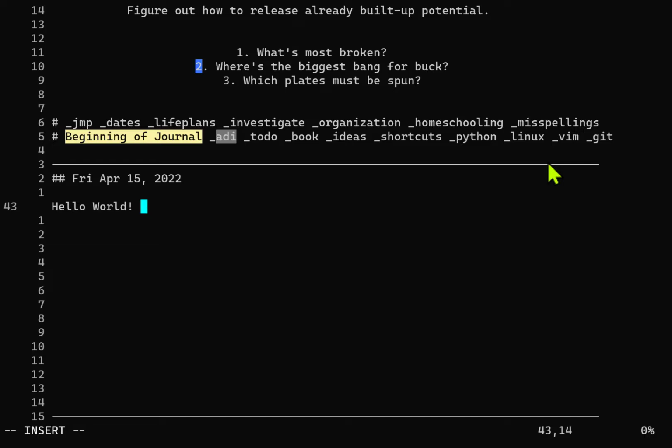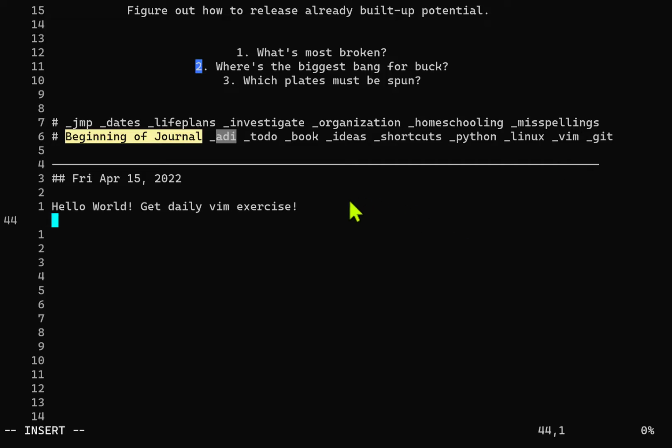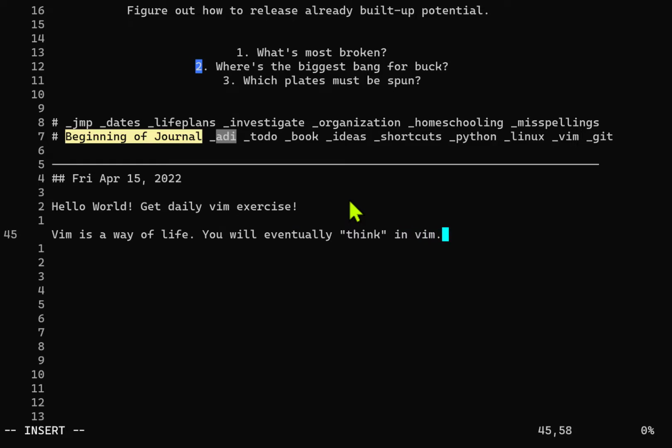I get my daily Vim exercise. So the point here is that Vim is not just for coding. It's important to understand that Vim is a way of life. You will eventually think in Vim.